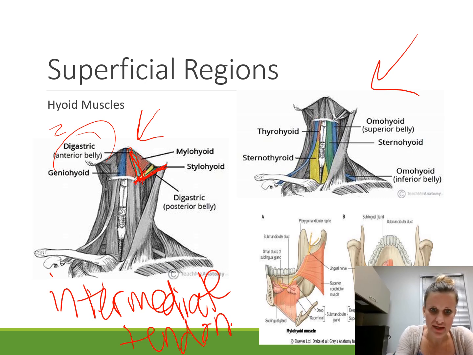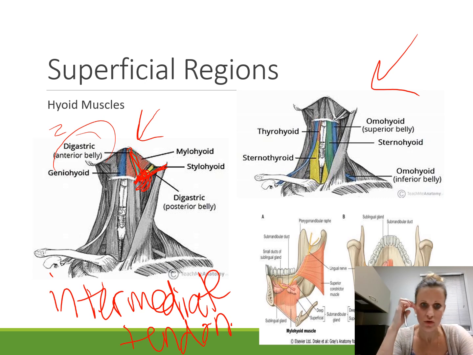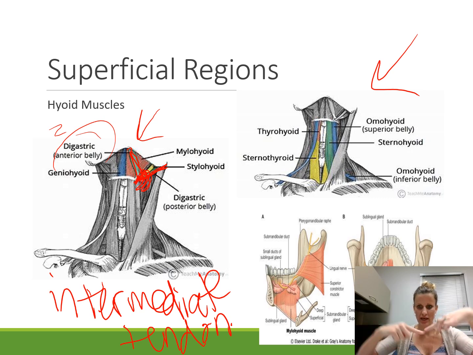And the intermediate tendon forms like a loop over the muscle and connects it to the hyoid bone itself. Where it connects, it's called a fibrous sling, and it allows the muscles to slide back and forth as they contract.